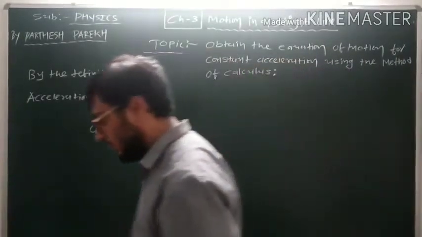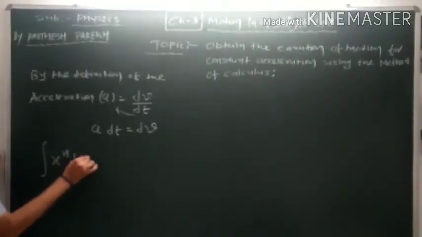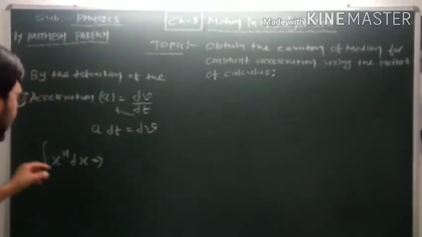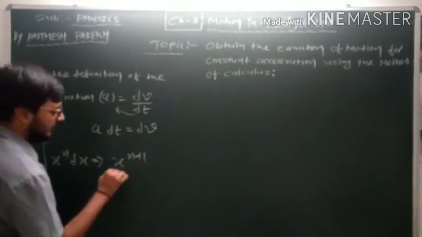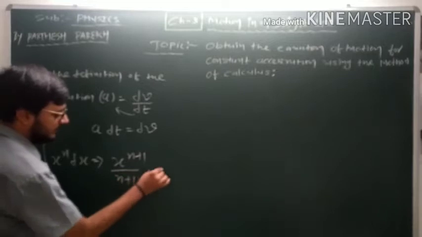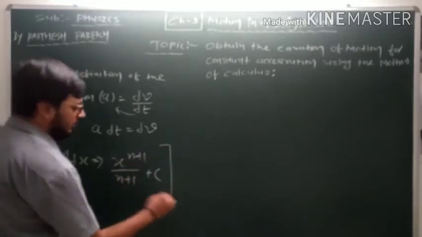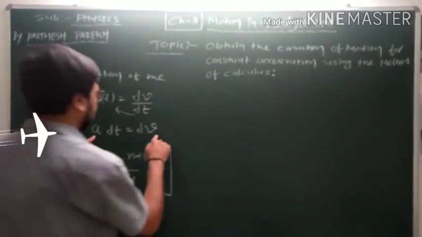You know the integration formula: the integral of x raised to n dx, with respect to x, is x raised to n+1 divided by n+1, plus c. That is the formula of integration.